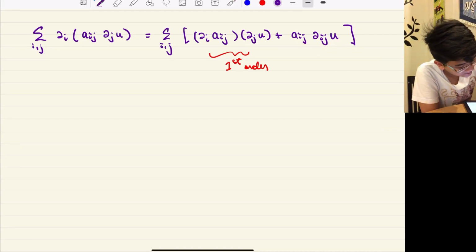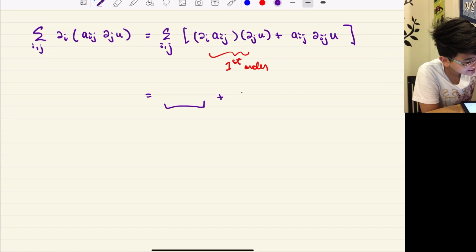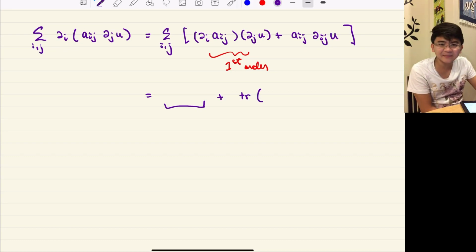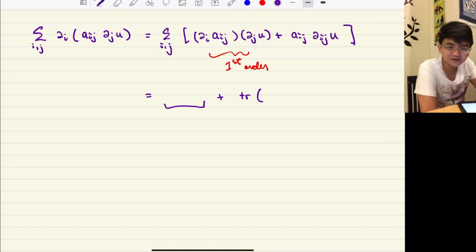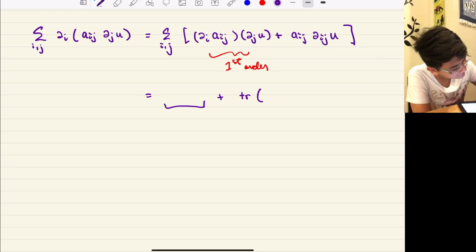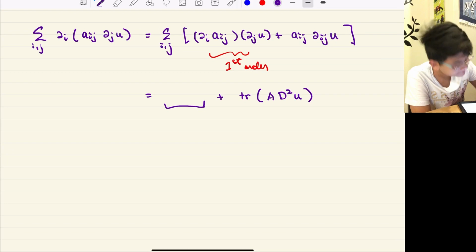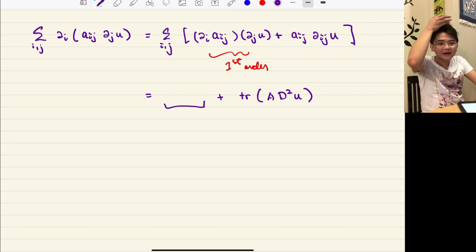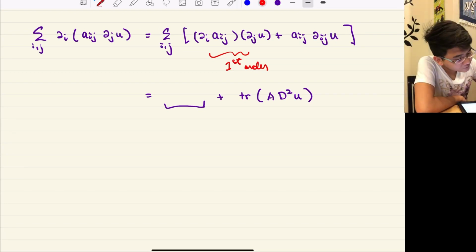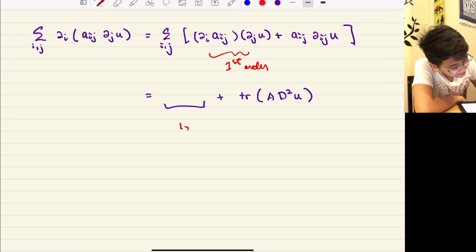So this can be written as some lower order term plus the trace of, in most instances a is going to be symmetric, so I'm not going to write the transpose, the trace of a times the Hessian of u. Let's write it as something like this. So it's still an elliptic PDE, but this is what we call an elliptic PDE in non-divergence form.